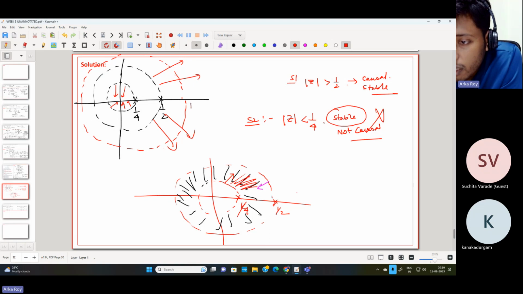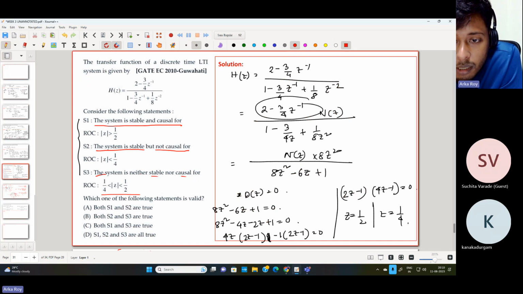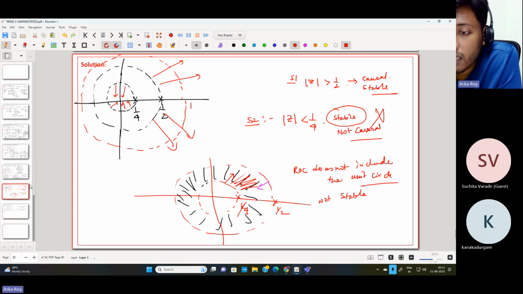Now at this particular condition we can see that ROC does not include the unit circle. Therefore this is not stable. That means they have written neither stable. Now we have to consider the causality part.